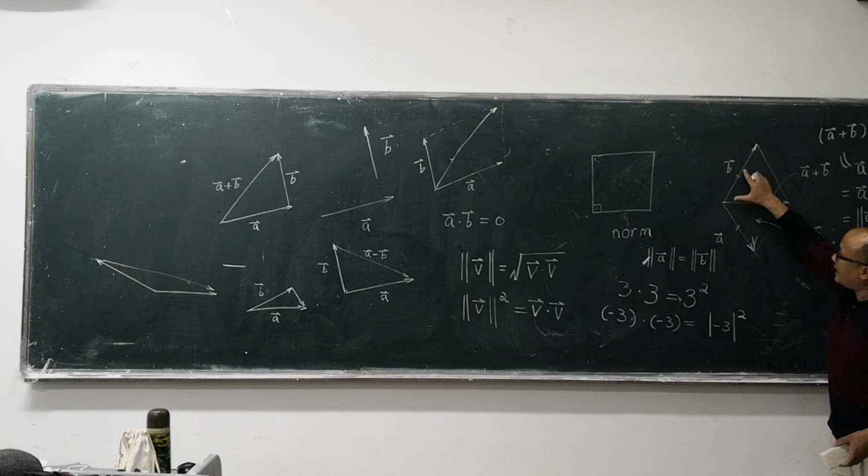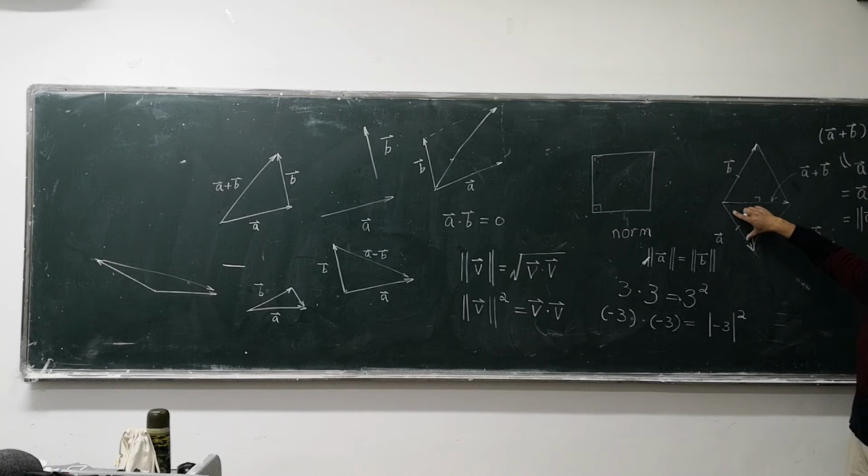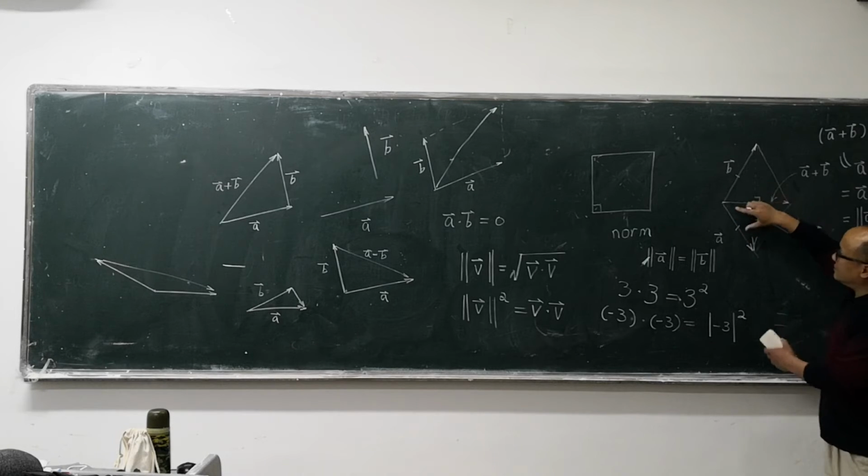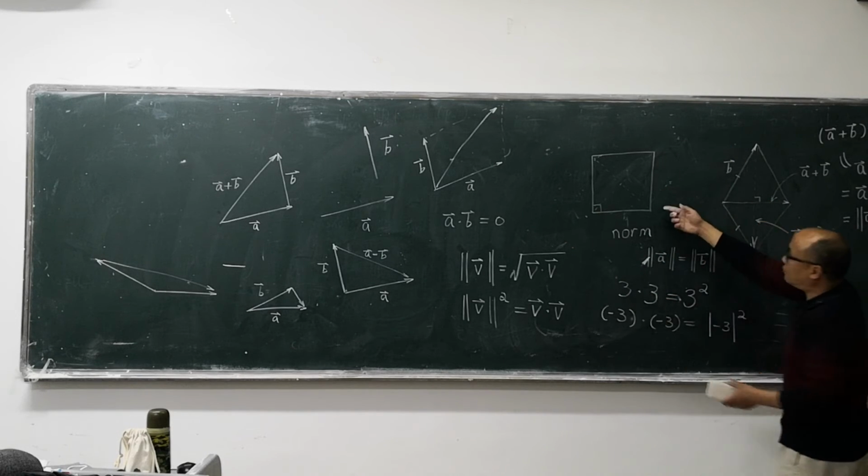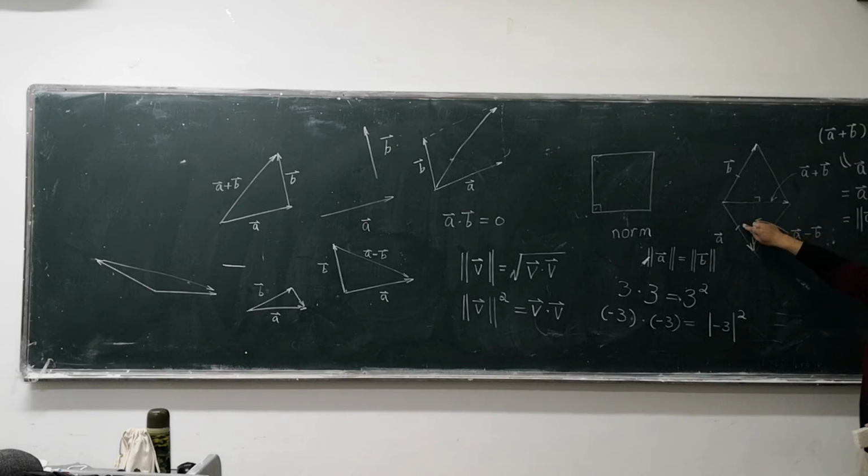We said this length and this length are equal because this is produced by the square. Okay? So this one and this one are equal. So this is what? 0. And proved.